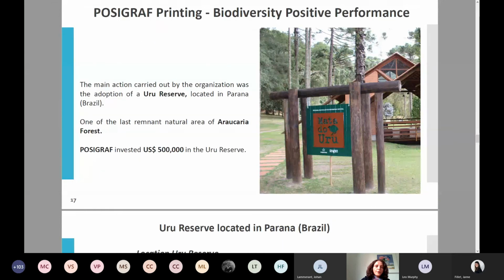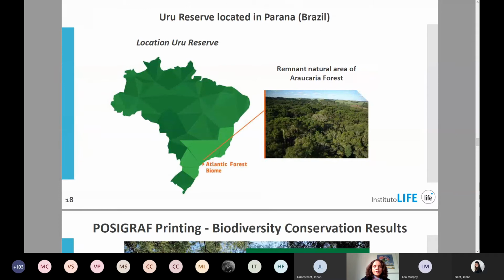So Posigraph positive performance. They have adopted a wonderful reserve in Brazil, in Araucaria Forest. Next, please. The Uru Reserve is located in Paraná, as you can see here, in Araucaria Forest in the south of Brazil. Next one.